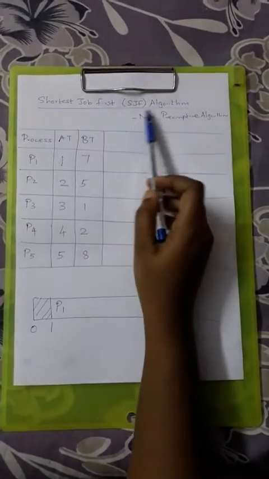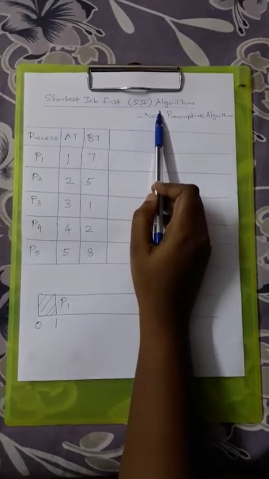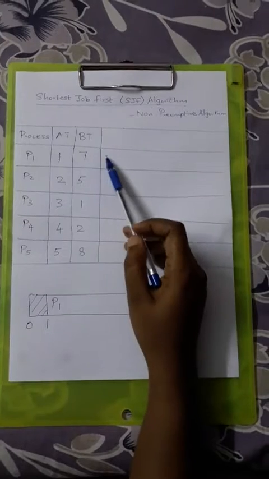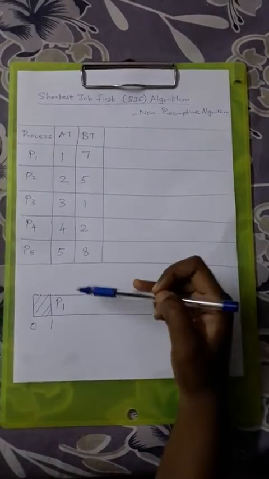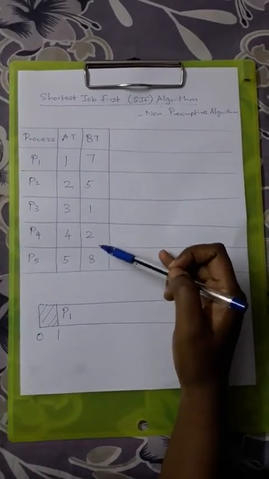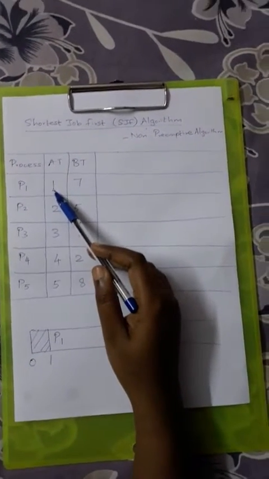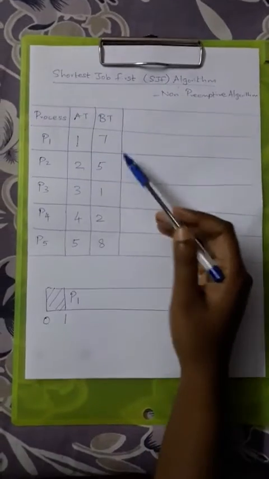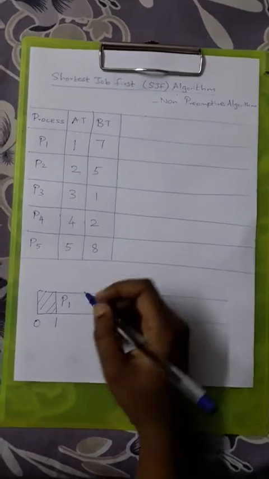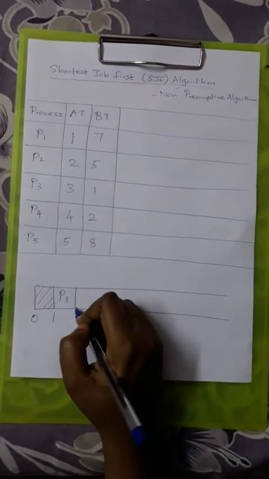The shortest job first algorithm follows the principle that the process with the minimum execution time, that is, the minimum burst time, will run first. Here at the first millisecond, we don't have any other process to compare, so we have to run P1.